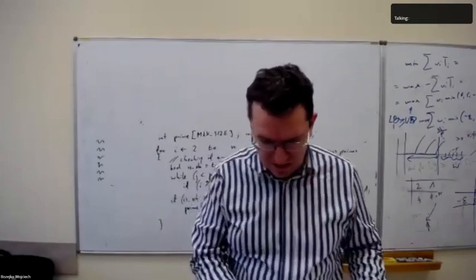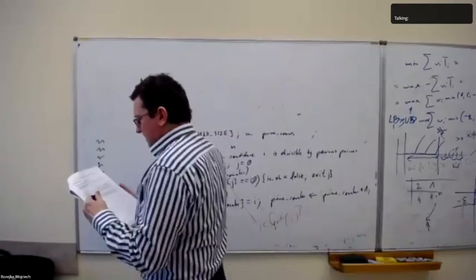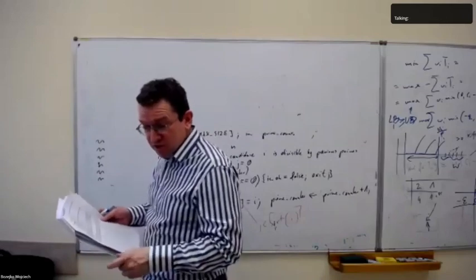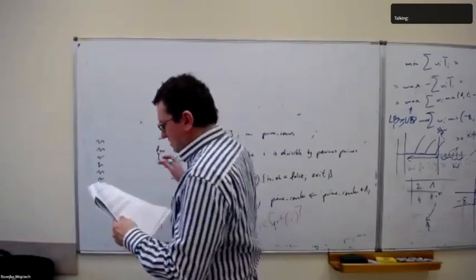Let us write, with such a notation, the number of primes not greater than n. This is a little bit strange measurement, but let's try.